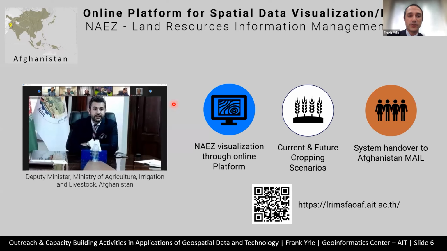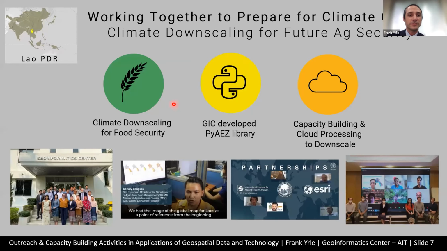And even in one of these meetings, we had the Deputy Minister for the Ministry of Agriculture, Irrigation and Livestock come and express how important it is to bring this into Afghanistan, because there's a lot of unused land that with the help of AEZ could potentially find the right crop for the right area, right? And so anyway, this online platform, we're able to hand that over to the Afghanistan Ministry of Agriculture, Irrigation, and Livestock already. So they've got that running now.